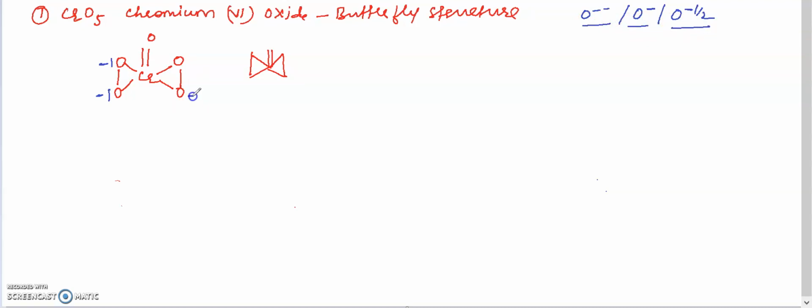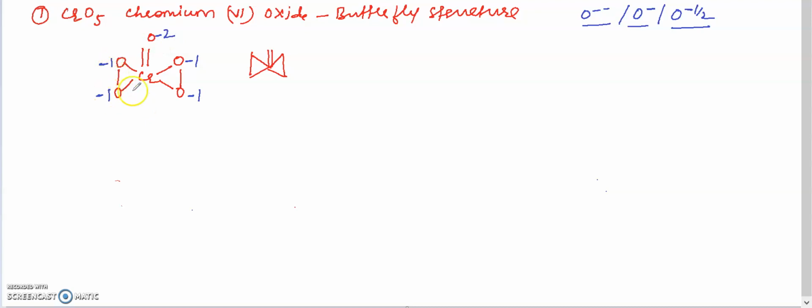So this oxygen is also showing peroxide linkage, so the oxidation number will be -1. This oxygen will also be showing peroxide linkage, so we'll have -1 oxidation state. What about this oxygen? This oxygen is normal oxide, so we'll have -2 oxidation state.